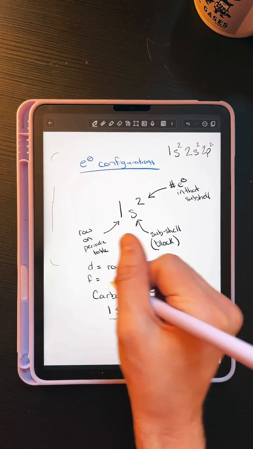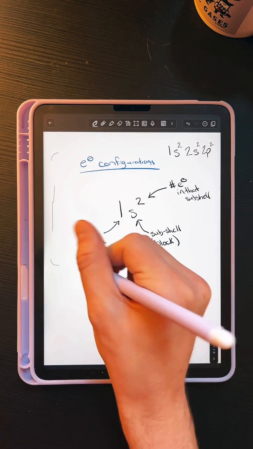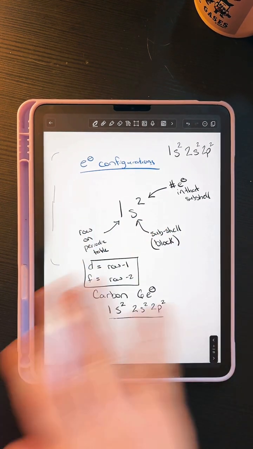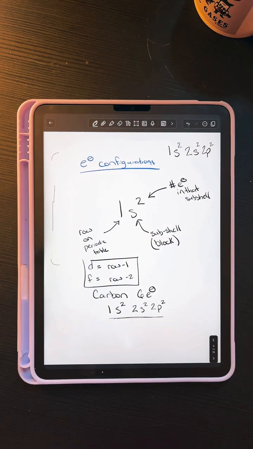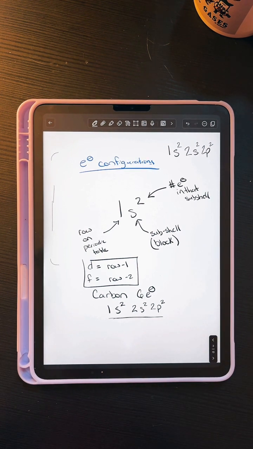And then the f orbital is row minus 2. That's the only distinction. Everything else will be the same. It has to do with energy levels and such. Okay, I know that was a very brief overview of electron configurations. We will go through a bunch of examples of those as we go through our worksheets.